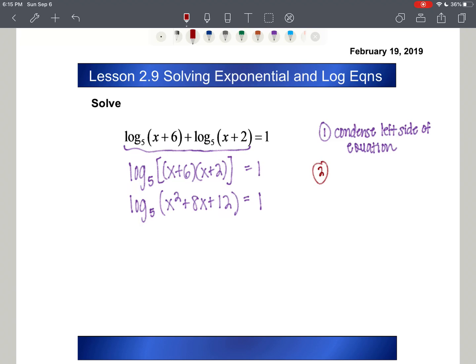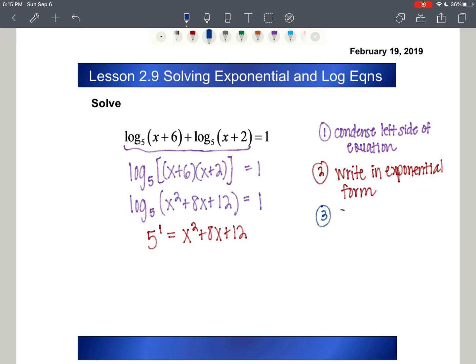Now that I have a logarithm equals a constant, I'm going to write this in exponential form. So we're going to take our base 5, raise it to the first power, and that's equal to x squared plus 8x plus 12.